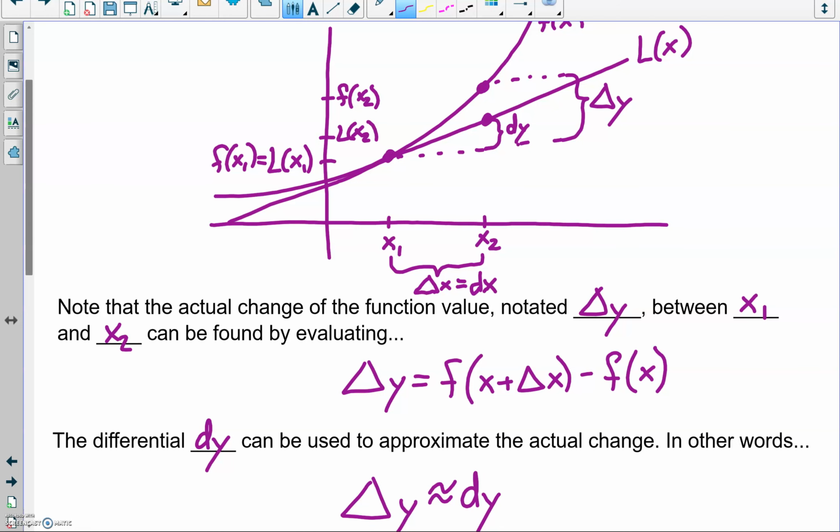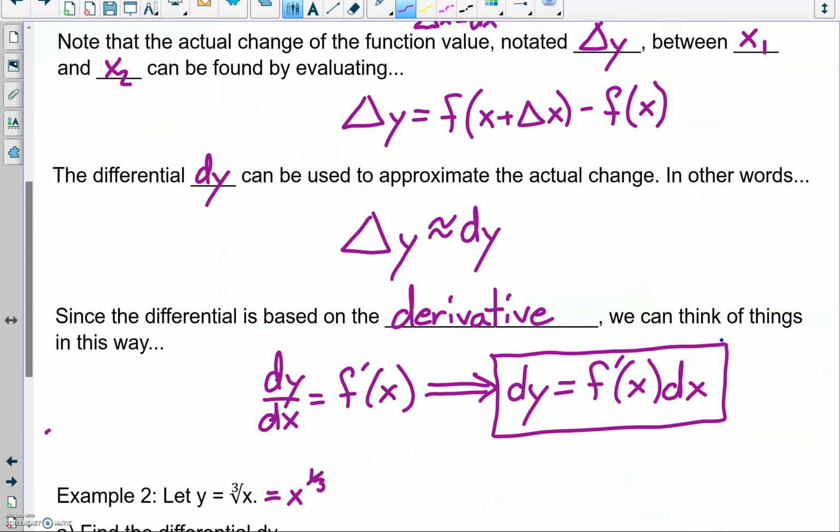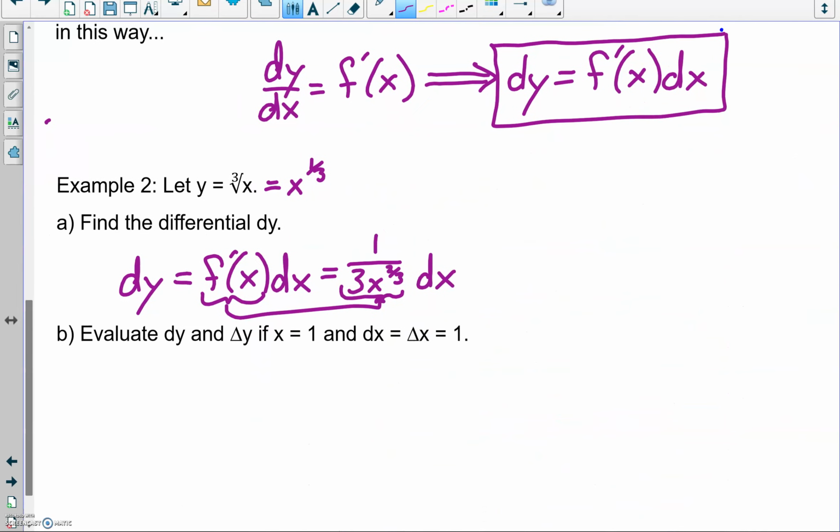So that's all this differential is now relating, using essentially information related to that L of x line, that tangent line. So the change in y, always going to be this f prime of x dx.